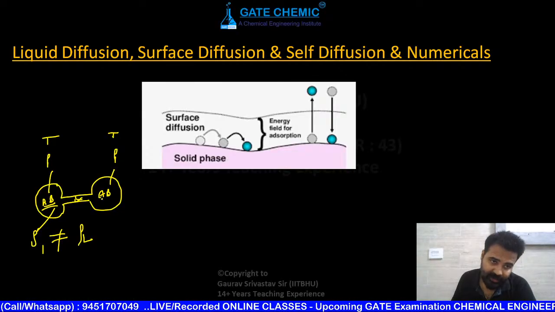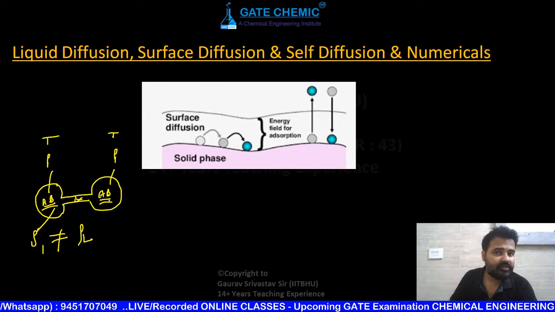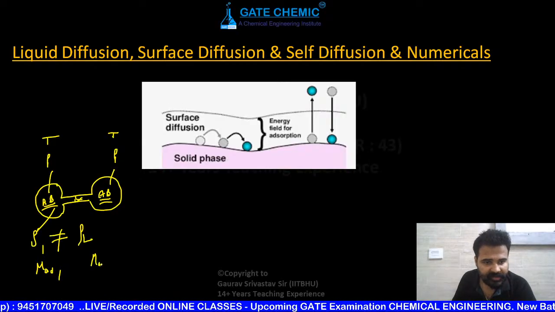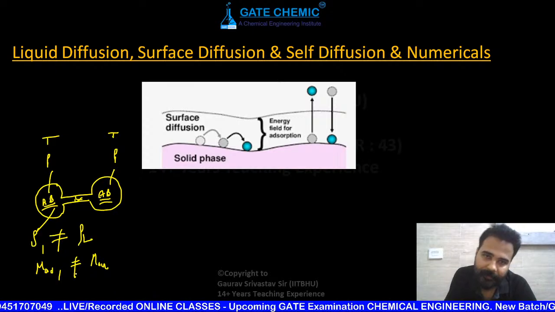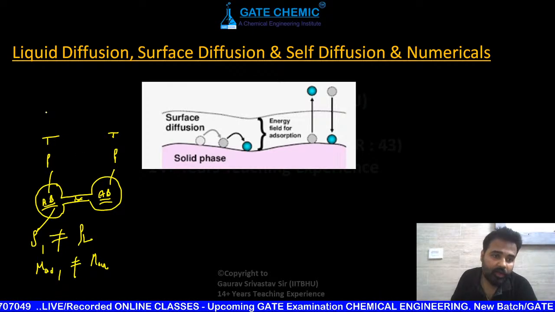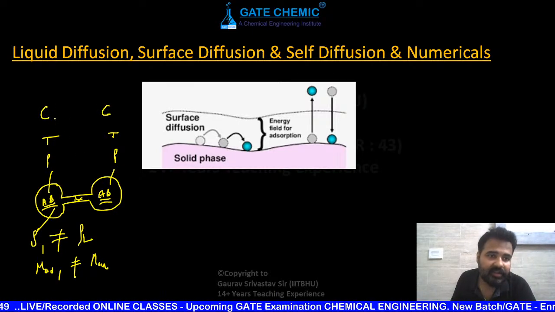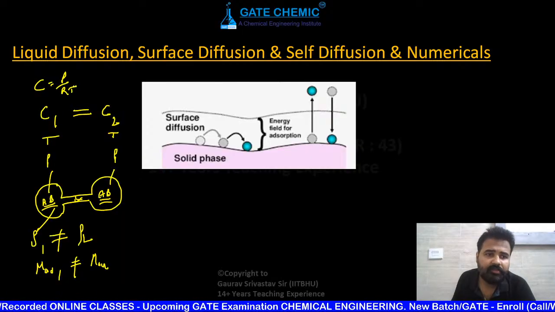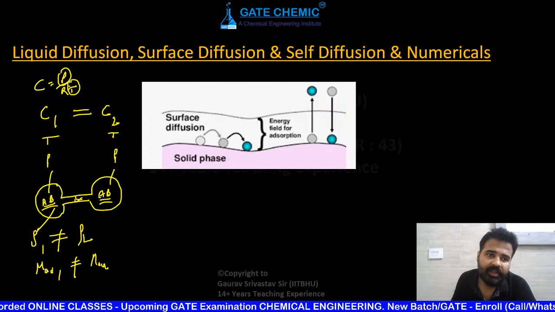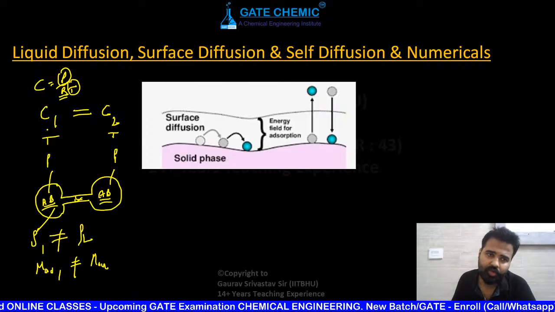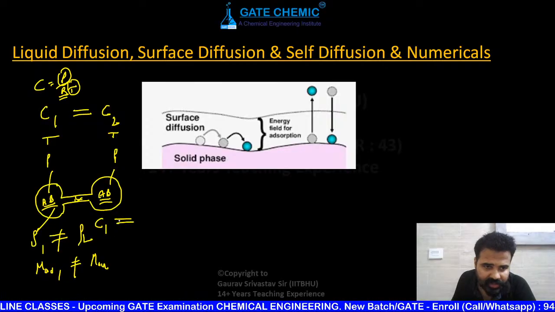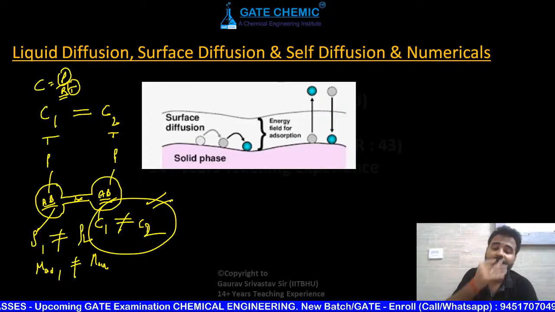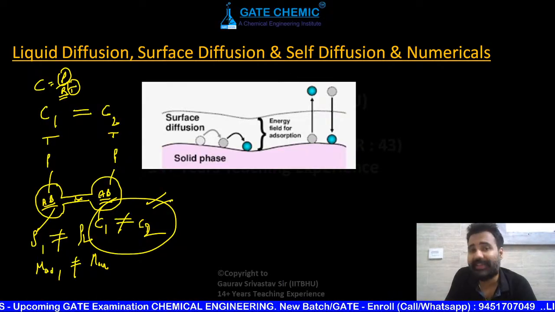And because A and B are present in different proportions, their average molecular weights in chamber number 1 and chamber number 2 are also not the same. In the gas case, total concentration is the same, because C is nothing but P by RT, with P the same, T the same, and R the universal gas constant. So C is not going to change. But in this case, the total concentration of both chambers is not the same.